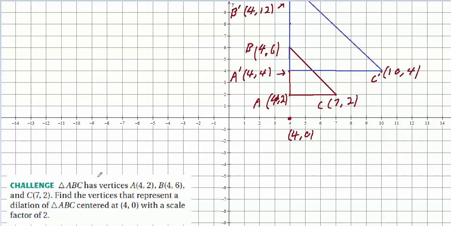Okay, what they asked us to do here is to take a triangle with vertices (4, 2), (4, 6), and (7, 2), and find the vertices that represent a dilation of 2 centered at (4, 0). Well, here's the point (4, 0). Here's our original triangle, the pre-image.